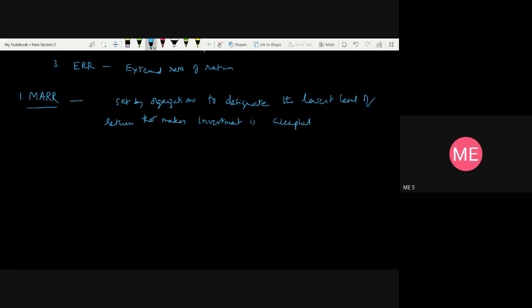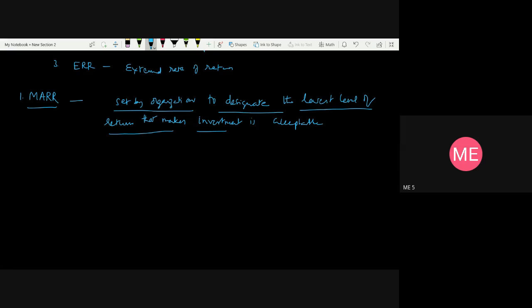That is why it is called the minimum acceptable rate of return, the lowest level of return expected by the organization so that the investment is acceptable. When the organization invests in something, that lowest expected return is what we call MARR.